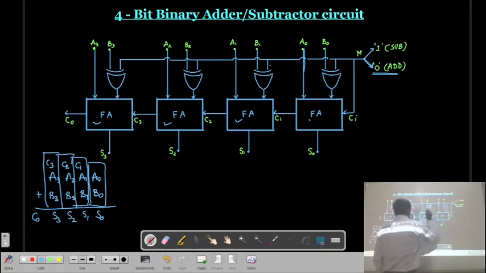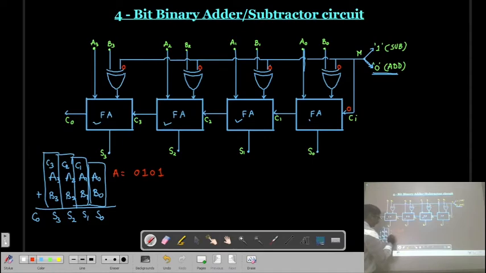So this input for the XOR gate will be a 0, 0, 0, and here also it is connected to 0. This carry input will be also 0. Now let us say my number A is 0, 1, 0, 1, and the B is 0, 0, 1, 1.